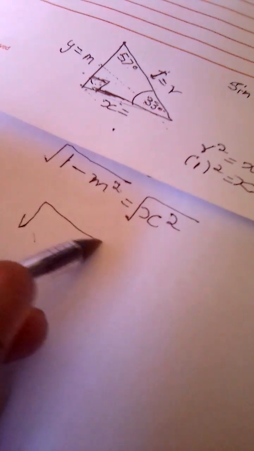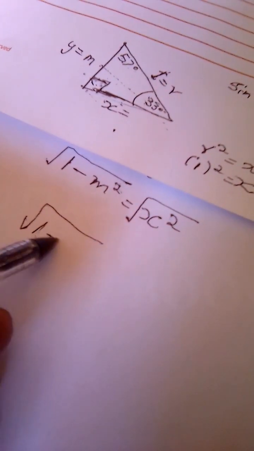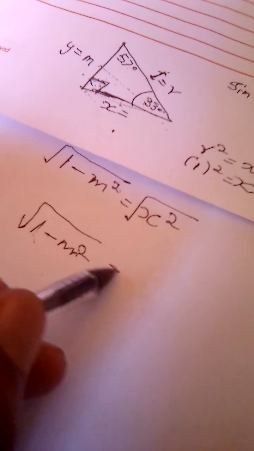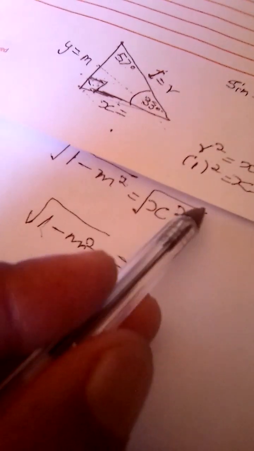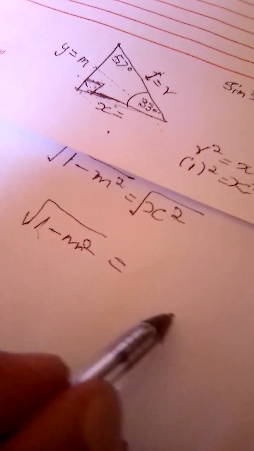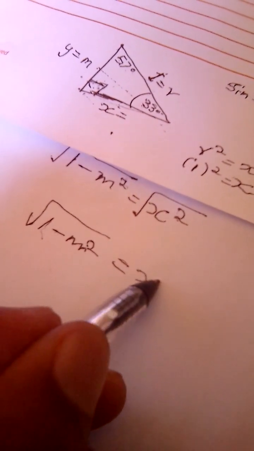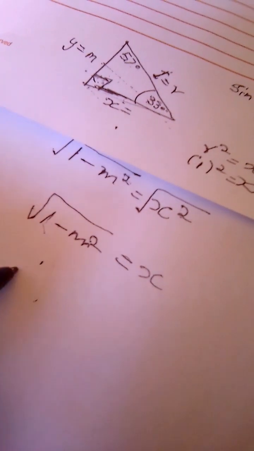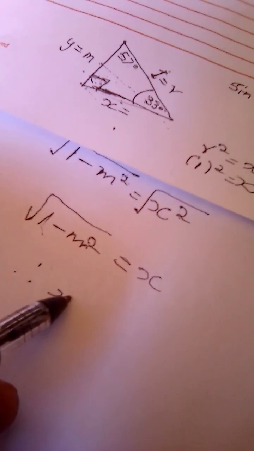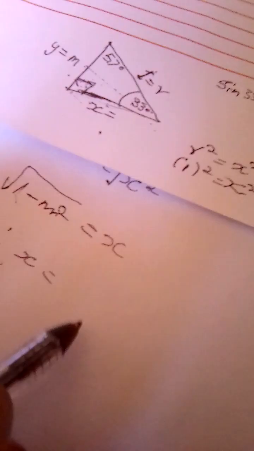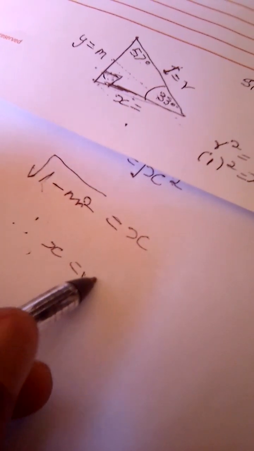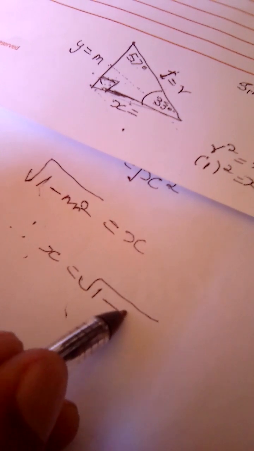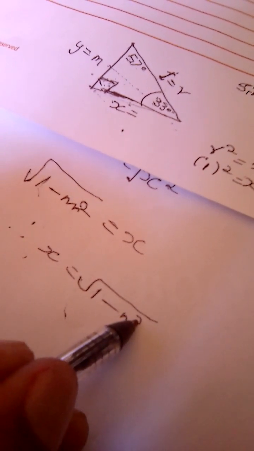We're going to have 1 minus m squared is equal to, now the square root will go with the 2 here, then we're left with only X. So we can say, therefore, X is equal to root of 1 minus m squared.